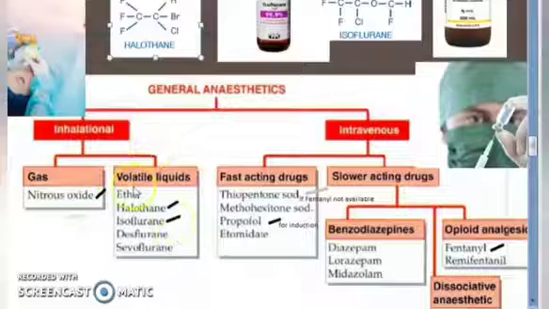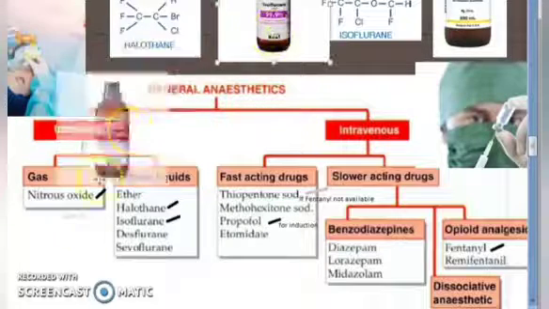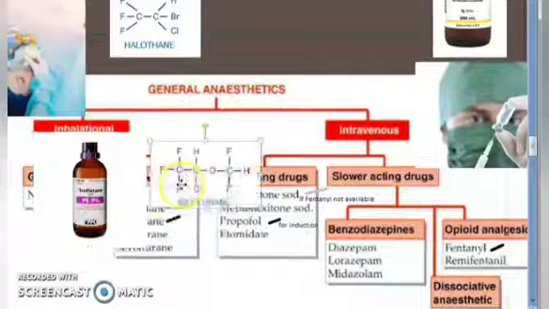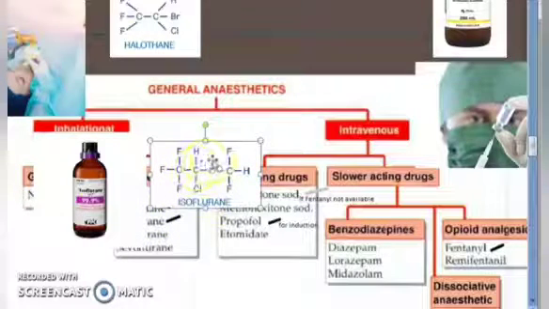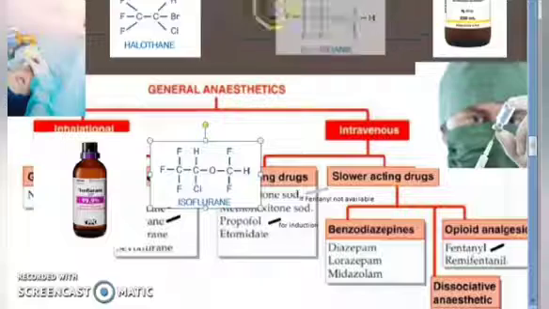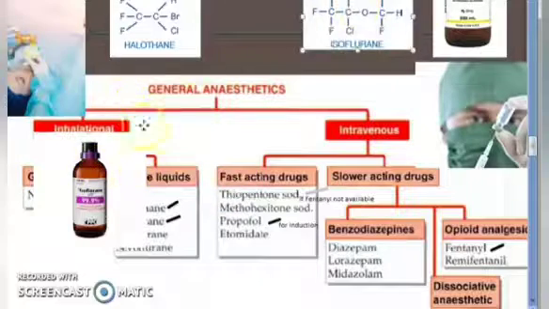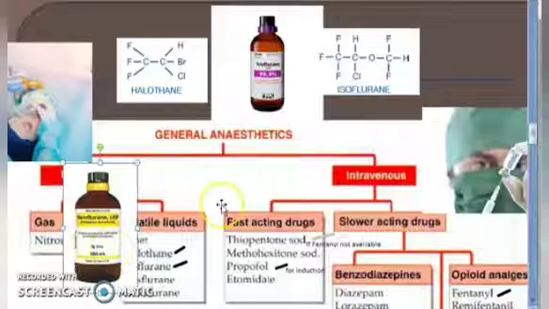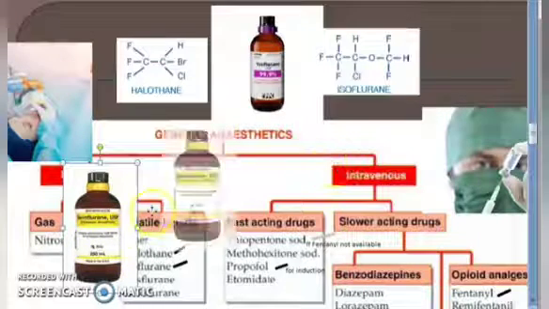It can cause arrhythmias. It is expensive also, halothane. Coming to isoflurane. Isoflurane is this purple one, and this is the structure of isoflurane, guys. Isoflurane is also used a lot. This one is sevoflurane, yellow. Okay.